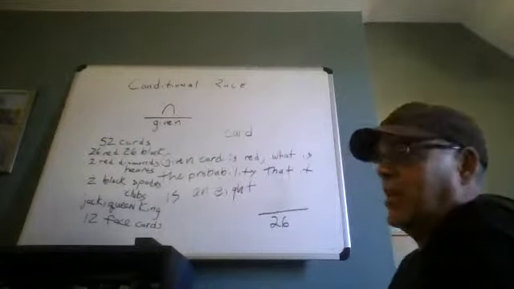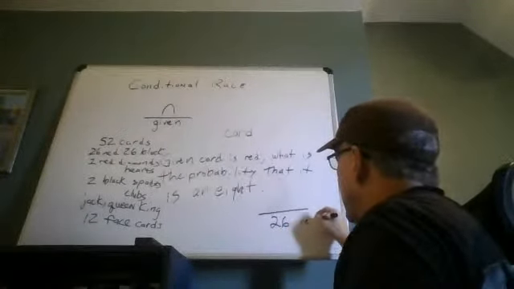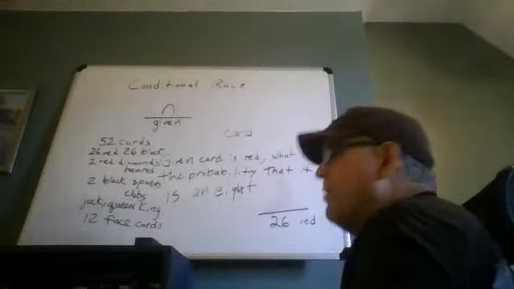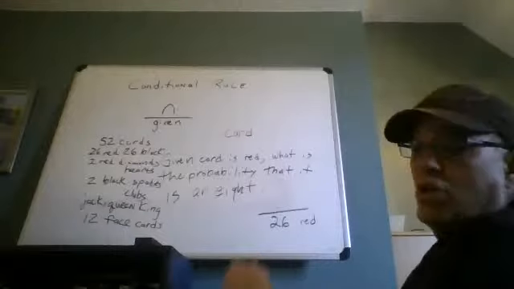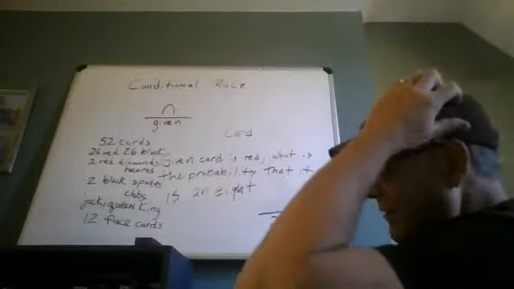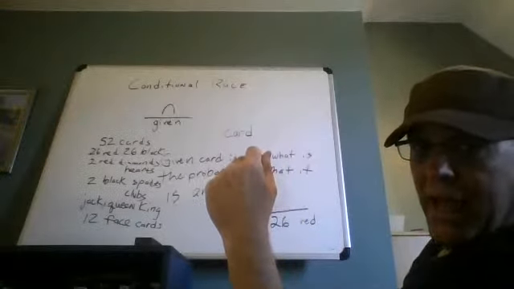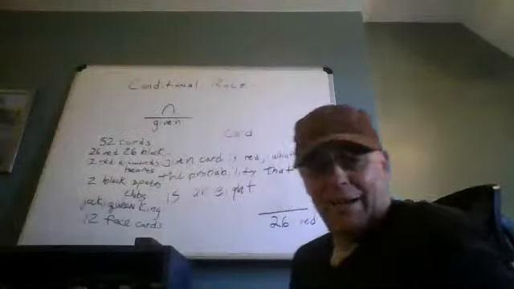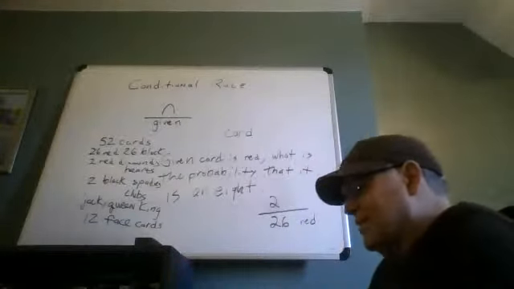We only care about those red cards. So I'll write red down here. How many of the red cards are 8s? Now you might jump and say there are 4 8s, but I would caution you because 2 of those 8s are black and we want red. So it would be 2 over 26.